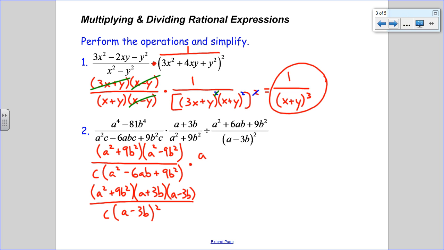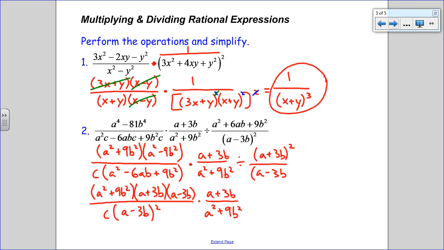Our second rational expression is already in factored form because a sum of squares cannot be factored. Our third rational expression, we can factor the perfect square trinomial in the numerator. Then find the reciprocal and multiply.